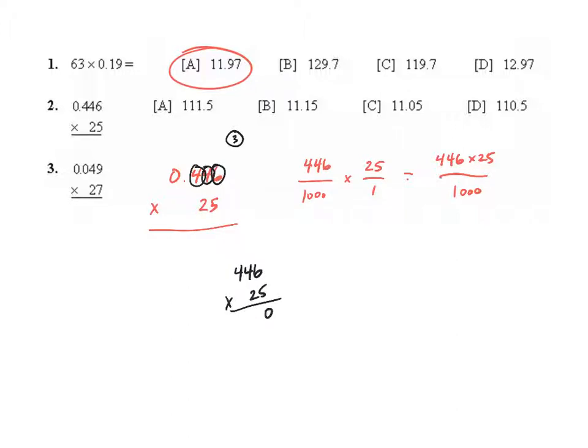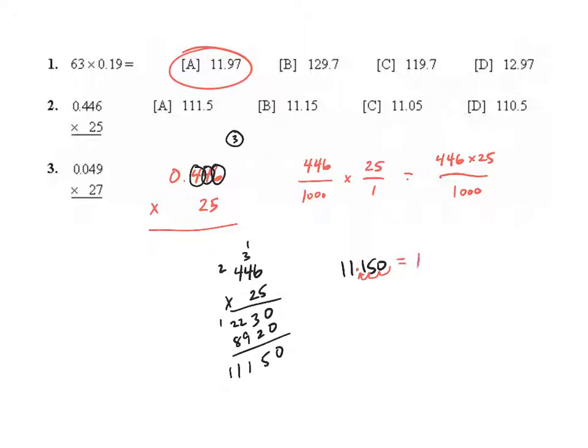And I go ahead and multiply, acting like they are whole numbers. So we got 22 there, 12, 9, and then 8. So it looks like we've got 11,150, but I need to then shift this over 3 place values. So 1, 2, 3.